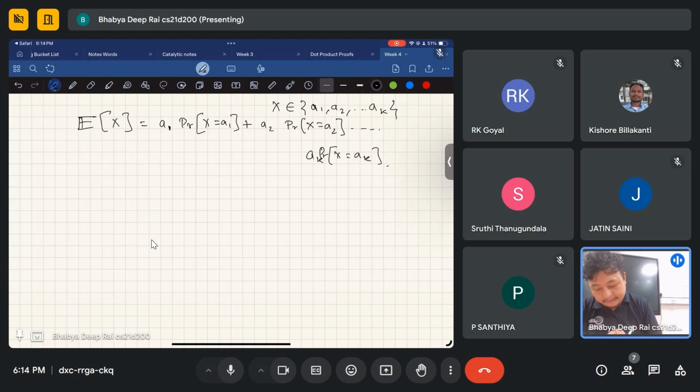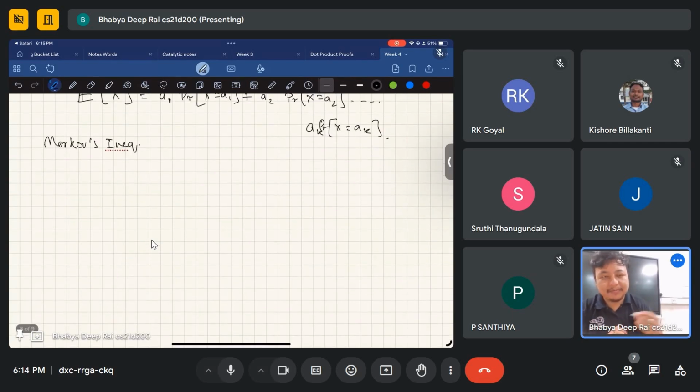And what is Markov's inequality? It helps us in analyzing the success probability of algorithms, and it says the probability that a random variable x is at least a is at most the expectation of x divided by a, right?